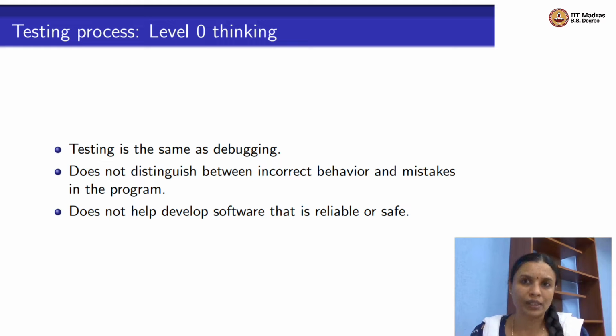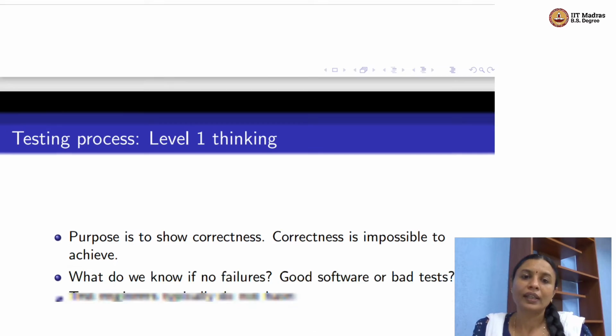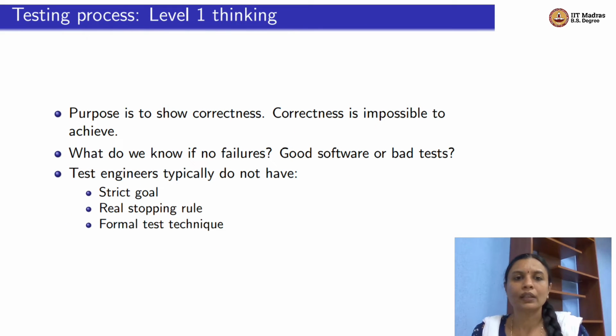Whatever the developer does to ensure that his or her code works correctly, which is debugging the code, becomes the same as testing. No exclusive efforts are devoted to testing, and we move on. While this helps, it does not give proper confidence, and does not ensure that the software is fully reliable or safe.